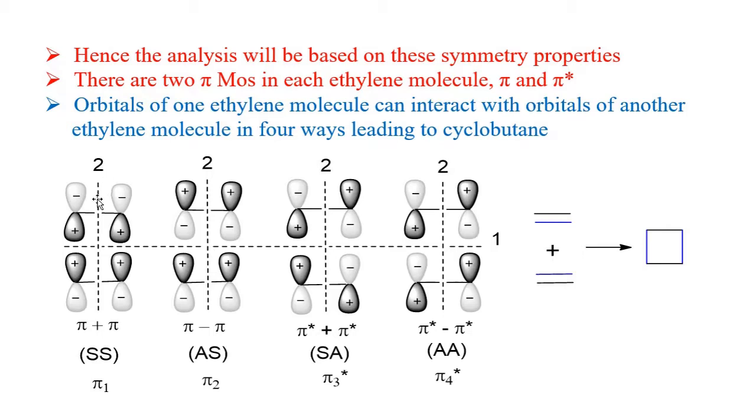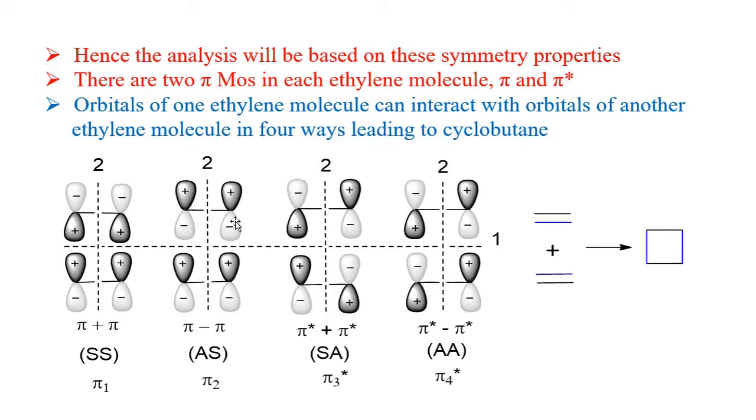This half is the mirror image of this half, and so it is also symmetrical. And in the second case, first of all we have to look into the horizontal plane of symmetry. It is anti-symmetric. You can see minus plus, it is not identical.